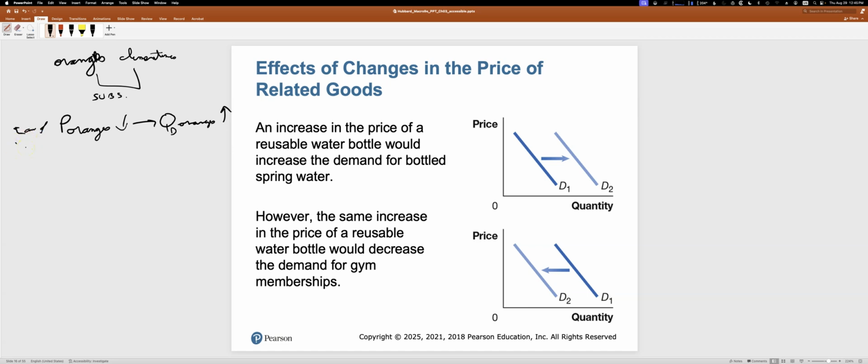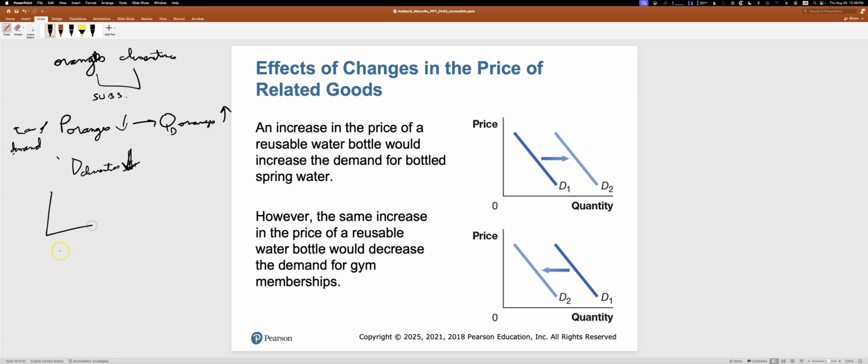So that's our law of demand. But if I'm buying more oranges, that would mean my demand for clementines will go down, because I'm just going to substitute my citrus needs by buying oranges rather than clementines.